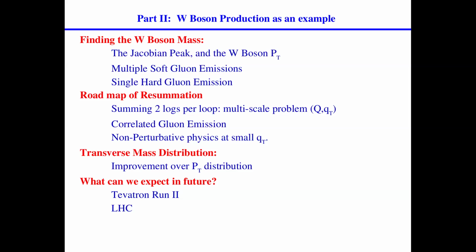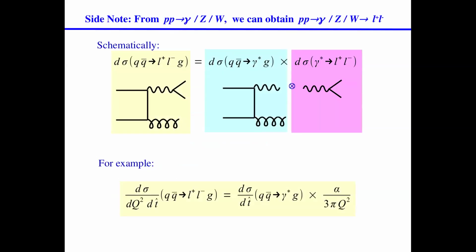And so I'll go through some of that and then look at the transverse mass distribution, which is also key for getting the mass of the W. And then the Tevatron is our reference, and LHC is moving on.